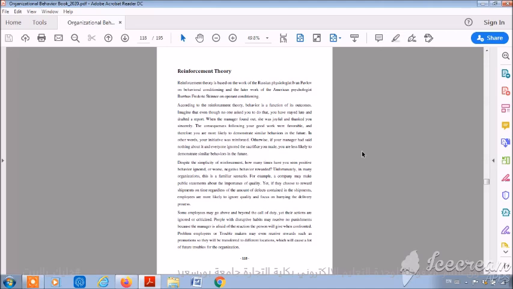So, the company may say something and reward people based on something else. So your employees will do that other thing in order to get rewarded.